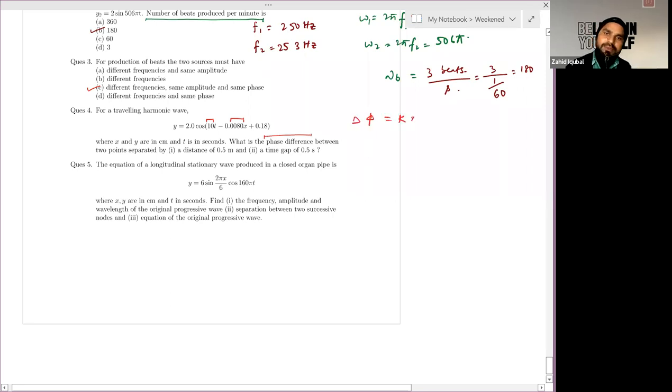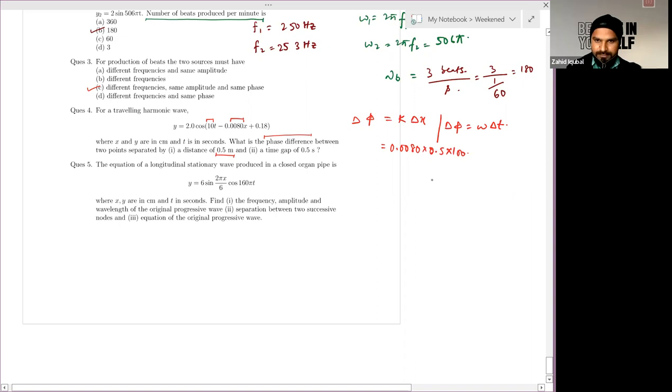Delta phi equals to K times delta X, and delta phi is equals to omega times delta T. K is coefficient of X. In this part, we have 0.0080, and delta X, and this is 0.5 meter. Since K is in radian per centimeter, so you must have to convert this meter into centimeter. So multiply it by 0.5 into 100. You'll get phase difference for this part.